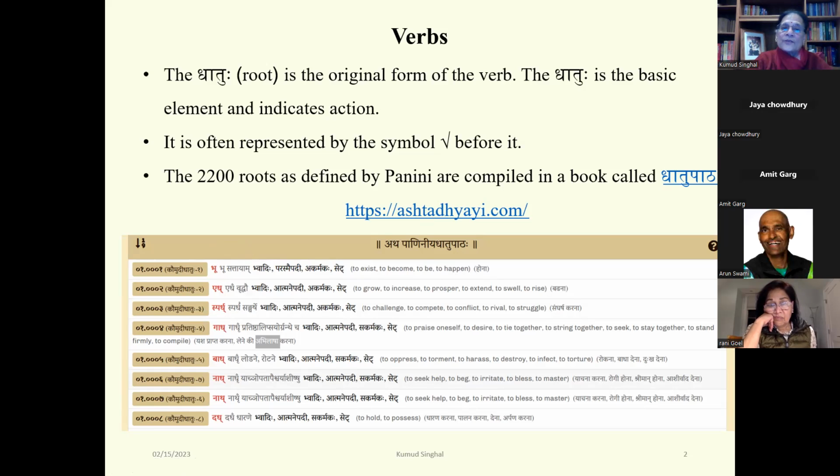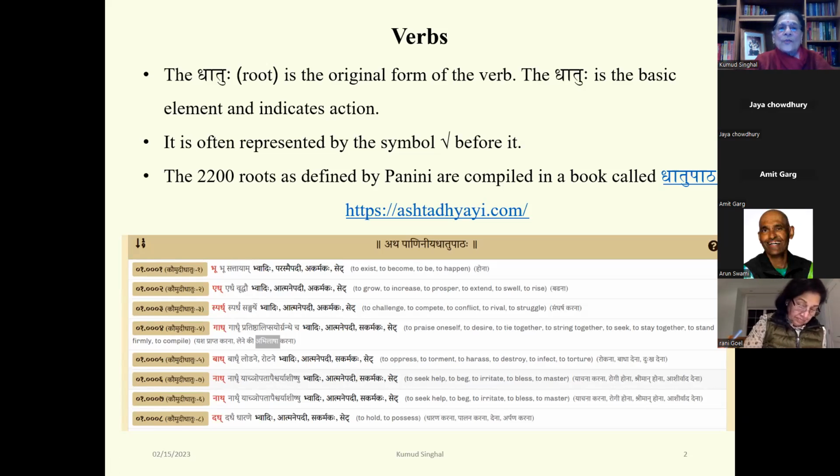It gives the complete ten lakaras, and it gives other information also, which we haven't studied, like other verb forms too. For example, if you click on bhu here, it will give you all the conjugations of the dhatu bhu in all possible verb forms.